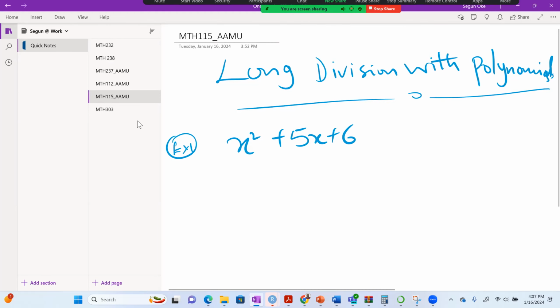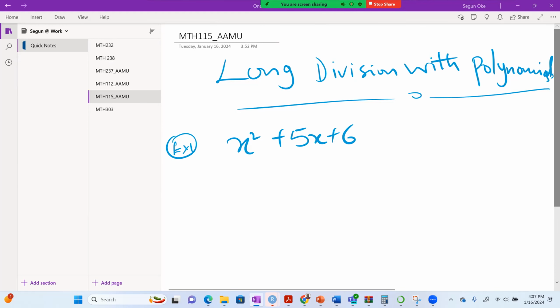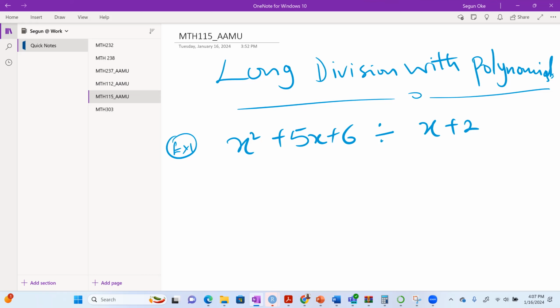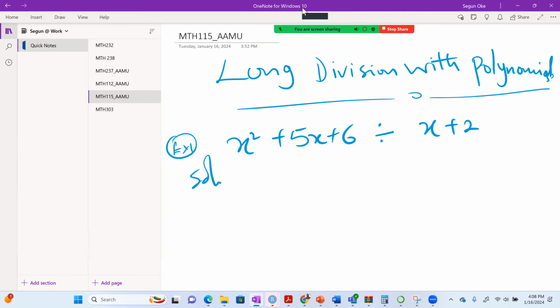Are we together? X squared plus 5x plus 6 divided by x plus 2. So the method of long division is a general method whereby we can look into that and see how we can solve this problem.